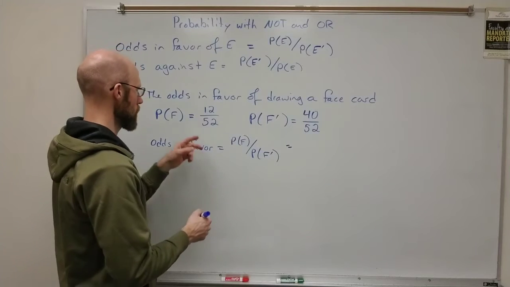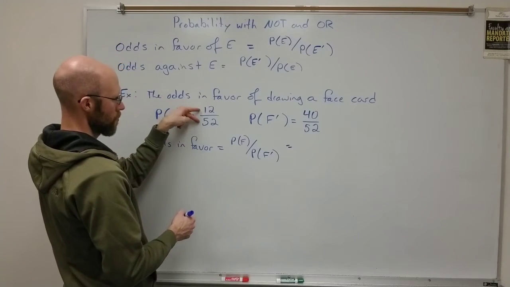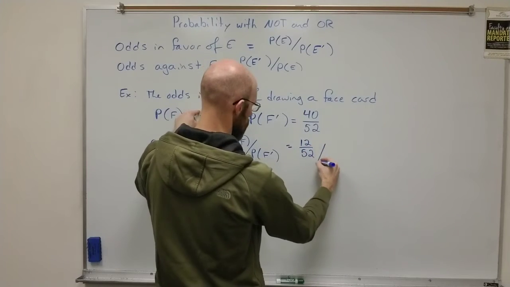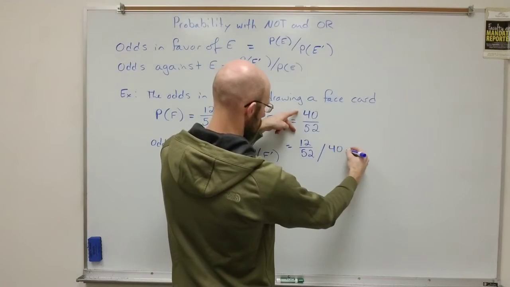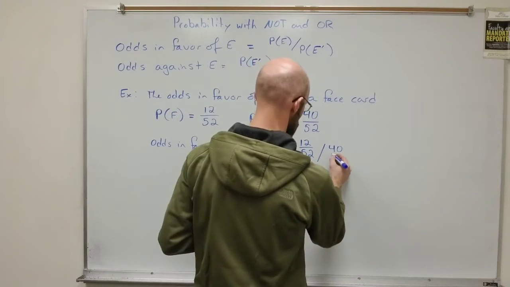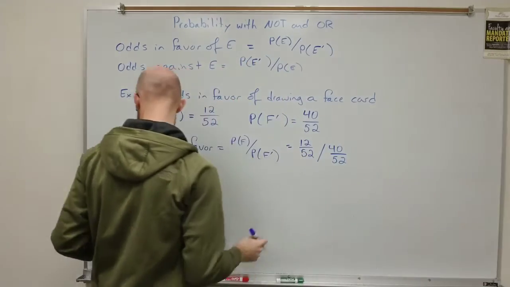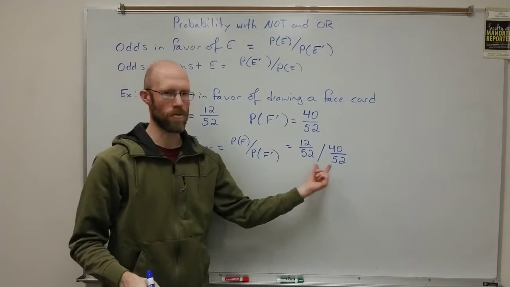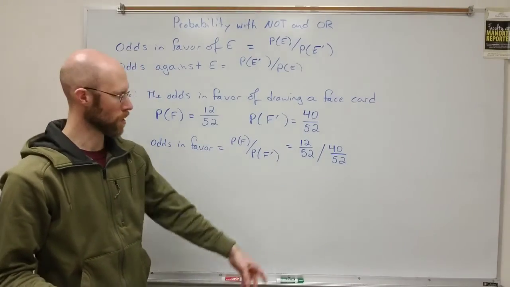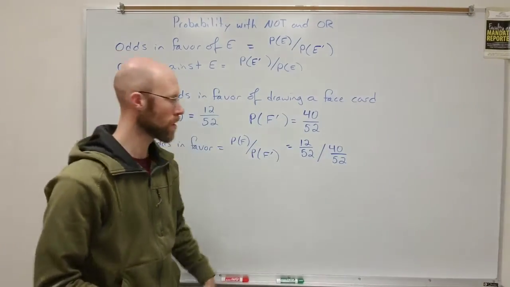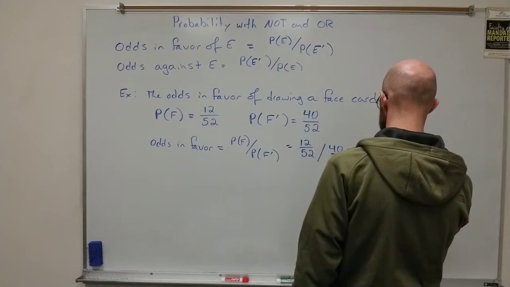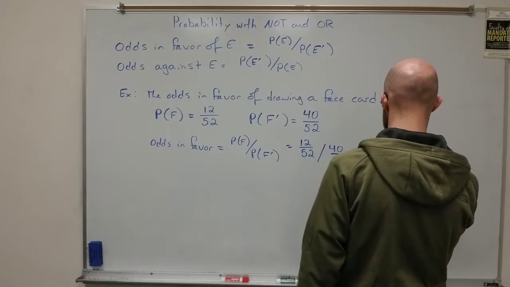In this case, you're going to take the first probability, which is 12 over 52, and divide that by the second one, which is 40 over 52. This is really a fraction within a fraction, so we're going to copy, dot, flip. We multiply by the reciprocal of that second one, so we get 12 over 52 times 52 over 40.